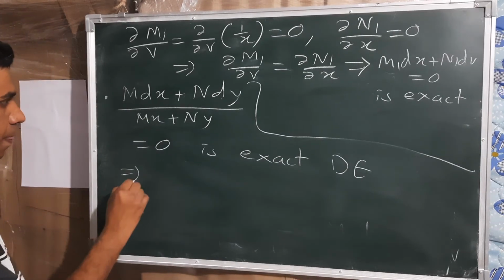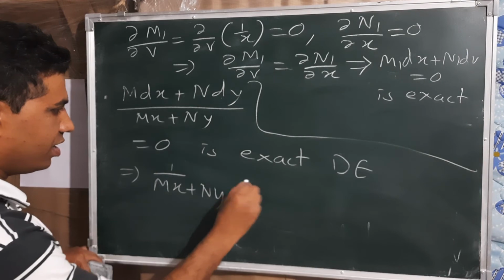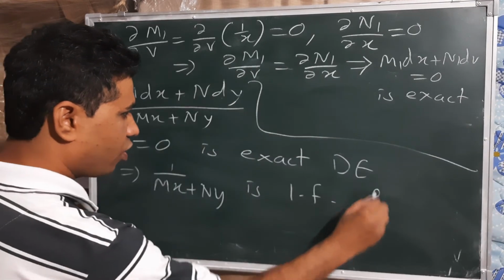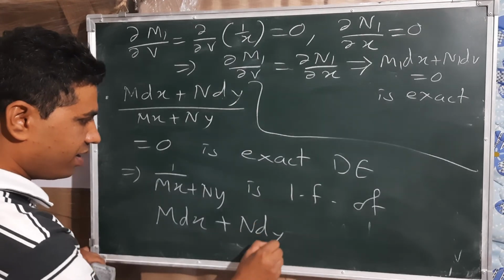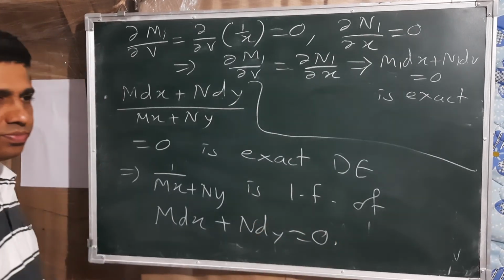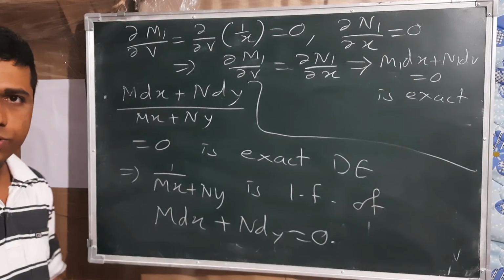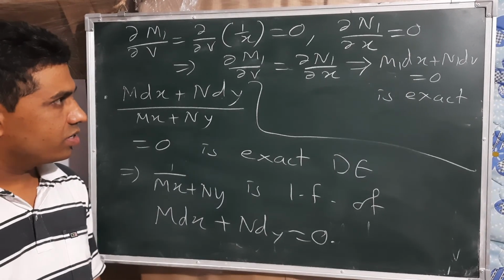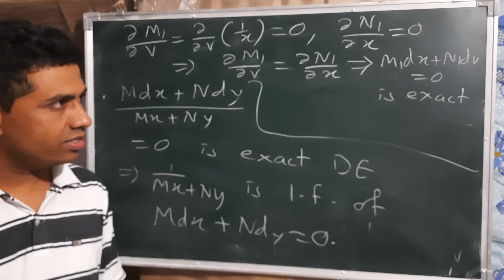It means 1 upon Mx plus Ny is an integrating factor of M dx plus N dy equal to 0. Okay, fine. So check this proof as well as the proof in the book, you will find this proof simple.